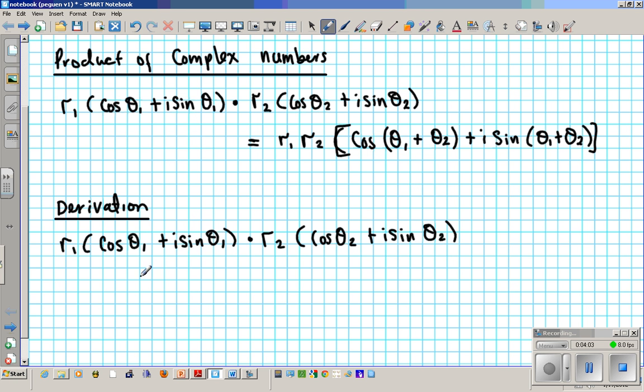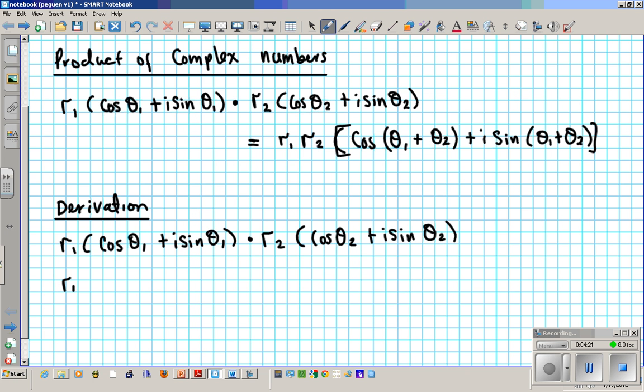So what we'll do first is we can take r1 and r2, factor them out, and then we can distribute the cosine and the sine.